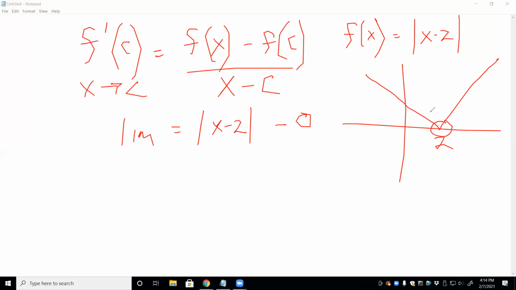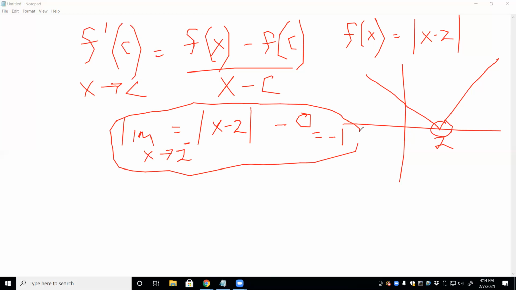According to this, f of 2 is 0. And if you solve that and you seek the limit as x approaches 2 from the left, that limit is equal to minus 1, based on that definition.